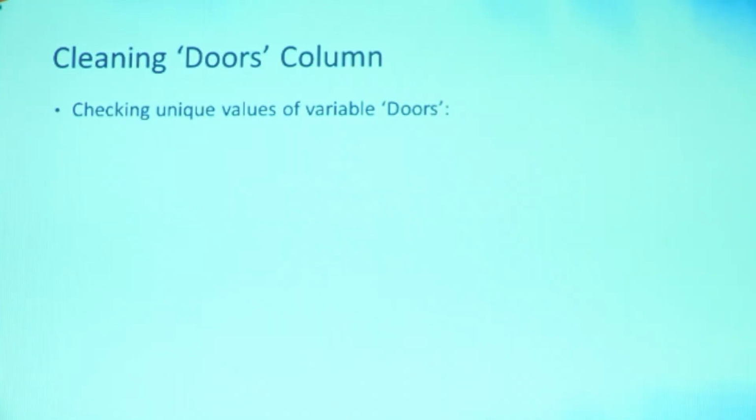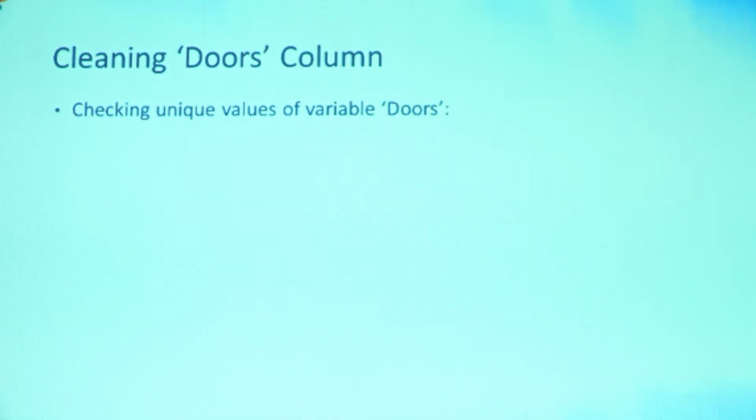Try. All of you please try. You found out the unique values of the doors column. You got 3, 4 and 5 in strings that are supposed to be replaced by numbers. Can you please try replacing those strings with numbers? Try. Solution I'll put onto the screen, but please try once.